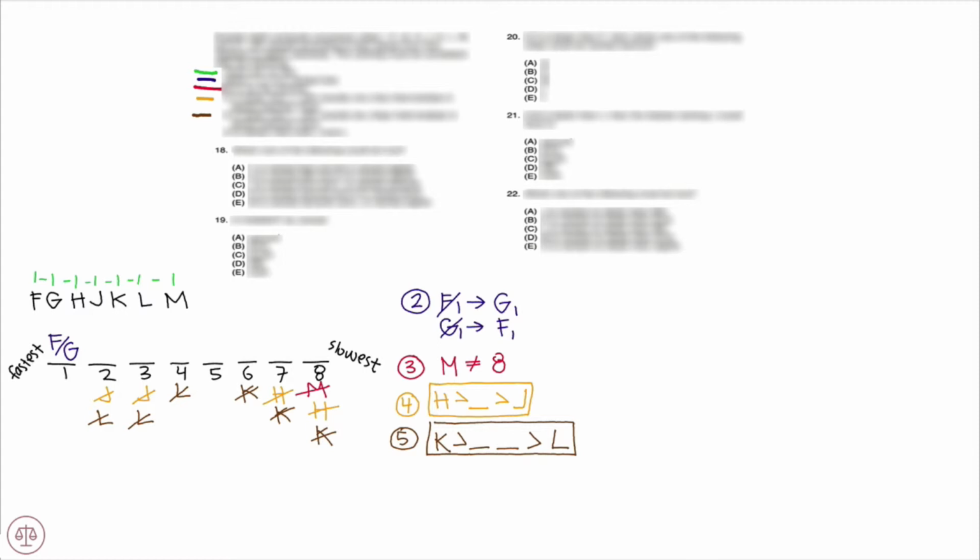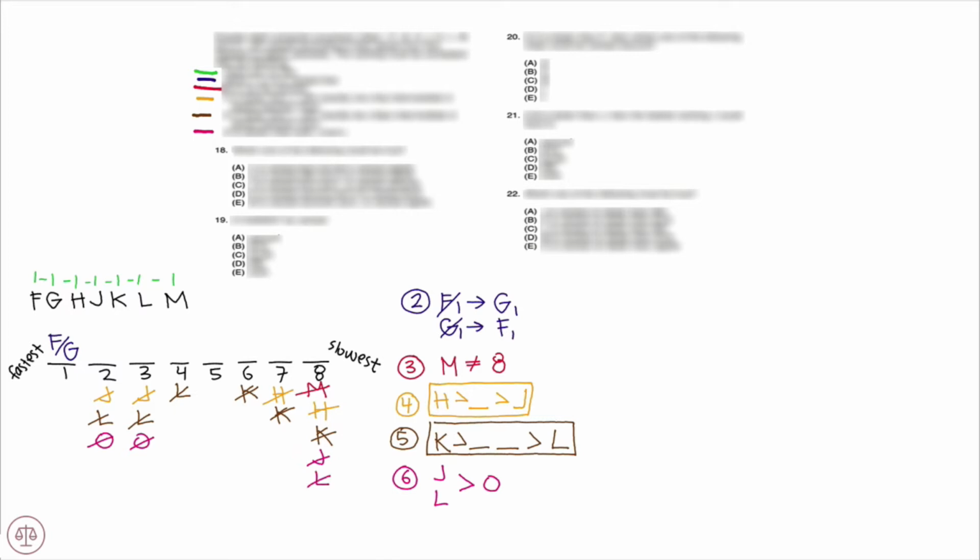Now, rule number 6. O is slower than both J and L. We have J, L, and then O. So that means O can't be second, and O can't be third because it has J and L in front of it, and that means J can't be 8th and L can't be 8th.